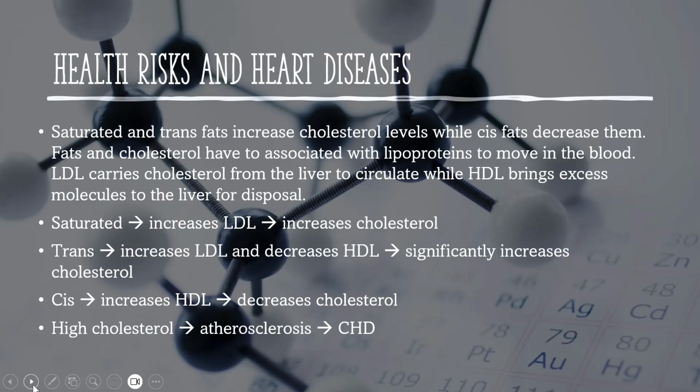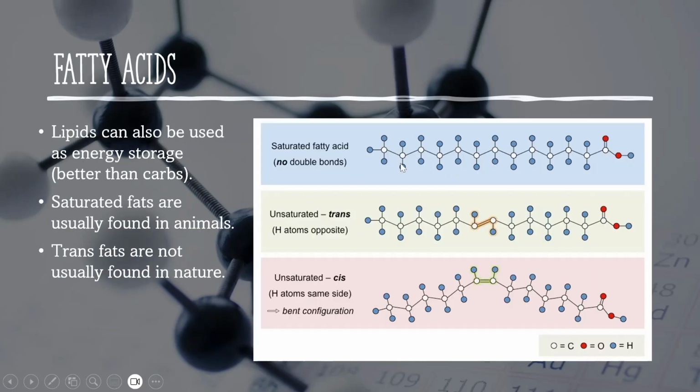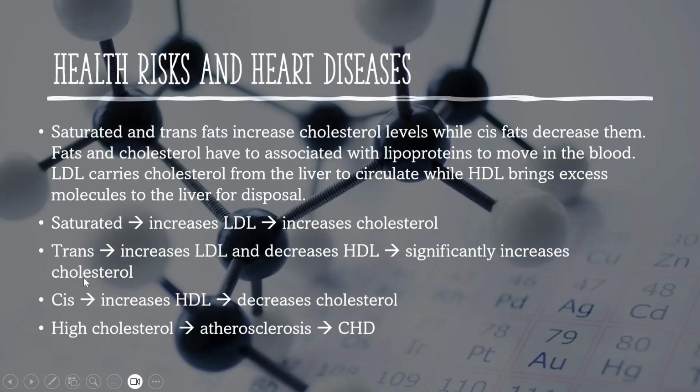So I was just talking a little bit about the health risks associated with all these fats, especially heart disease. That's really prevalent. Saturated and trans fatty acids increase cholesterol. Remember, it's really easy to store these in the body, so they're going to accumulate and increase the cholesterol content in your body, while cis fatty acids decrease it.